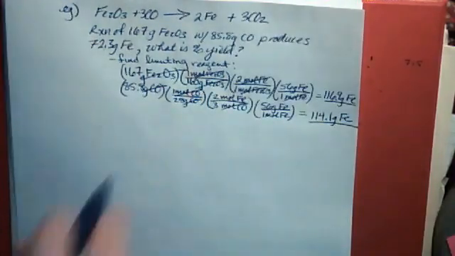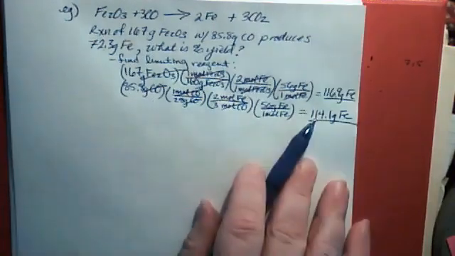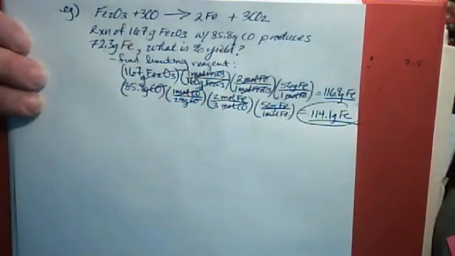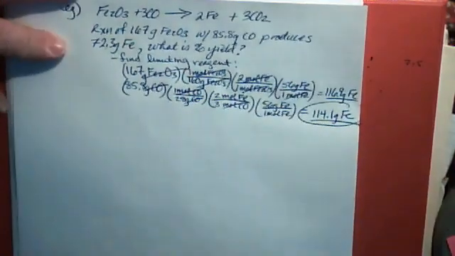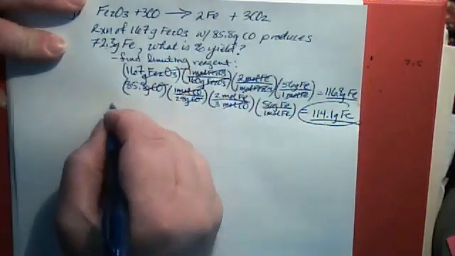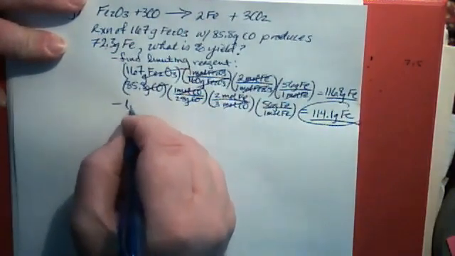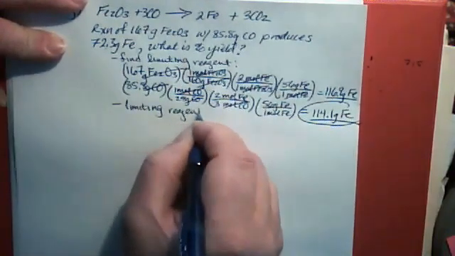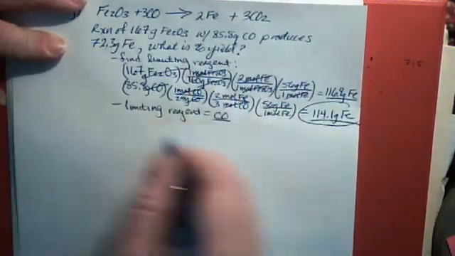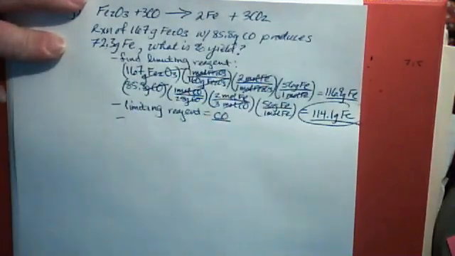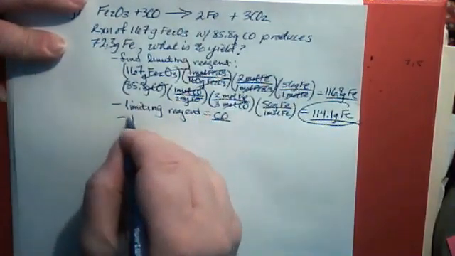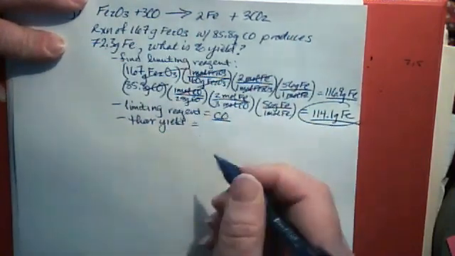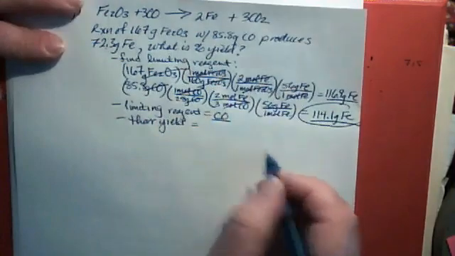And therefore, we have enough carbon monoxide to make only 114.1 grams of iron. And so that is going to be your theoretical yield. And the limiting reagent is carbon monoxide in this case. In real life, the limiting reagent would normally be the iron oxide.